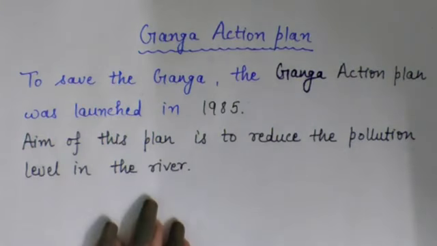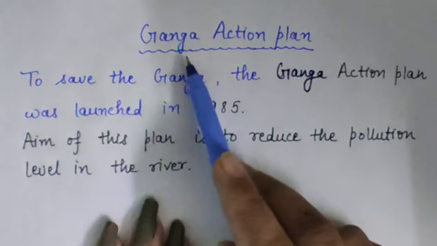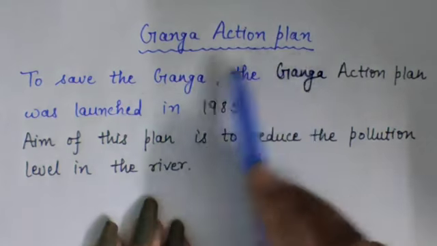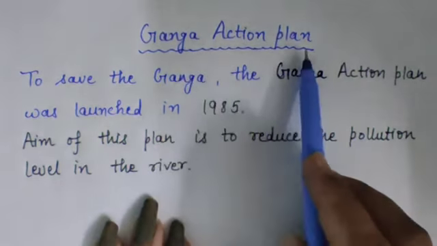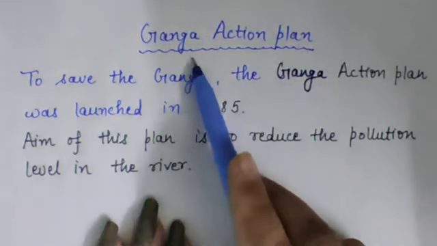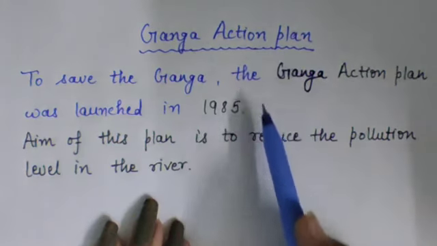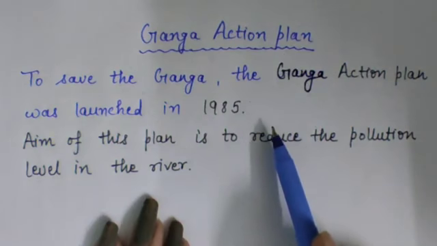Students, before studying about potable water, let us take a look at the Ganga Action Plan. This is a case study. So what is the Ganga Action Plan? We know that Ganga is one of the most famous rivers of India, right?